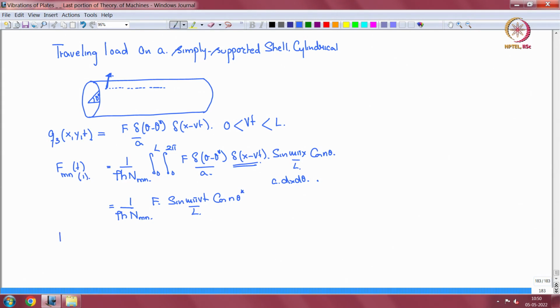Similarly, you will have one with set 2, which is 1 over rho h N_mn, F, sin m pi Vt by L, sin n theta star.